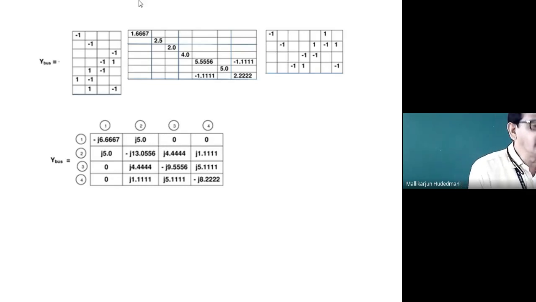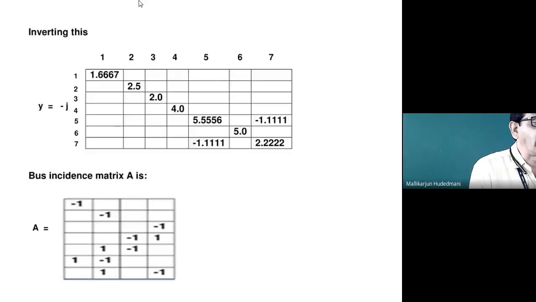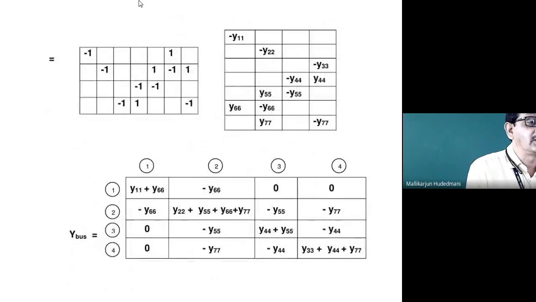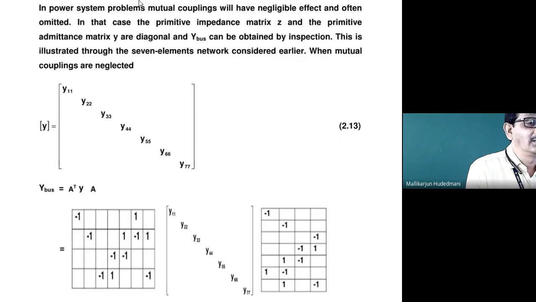Okay. Now you can see this answer is not the same as the answer we have seen here. This is different. So it looks 4 cross 4, but the values here are directly admittances, and there is no coupling at all. You can just go back. All the elements are only on the diagonal.